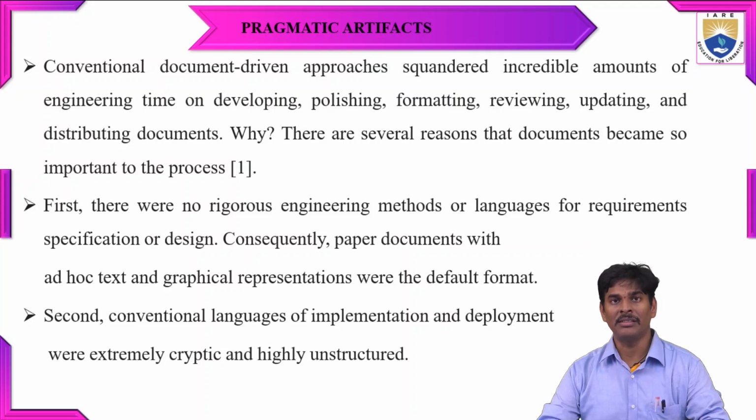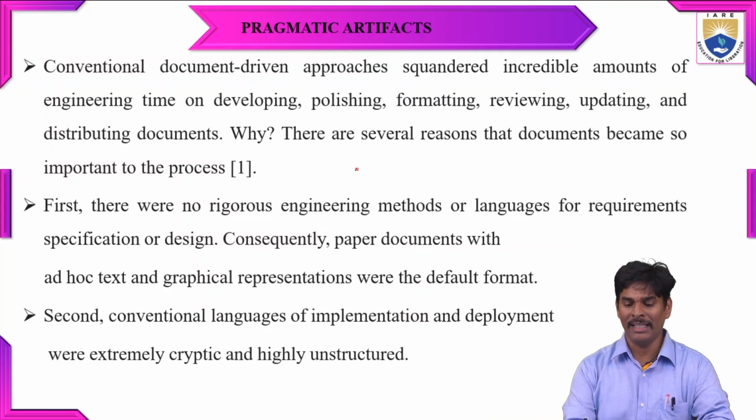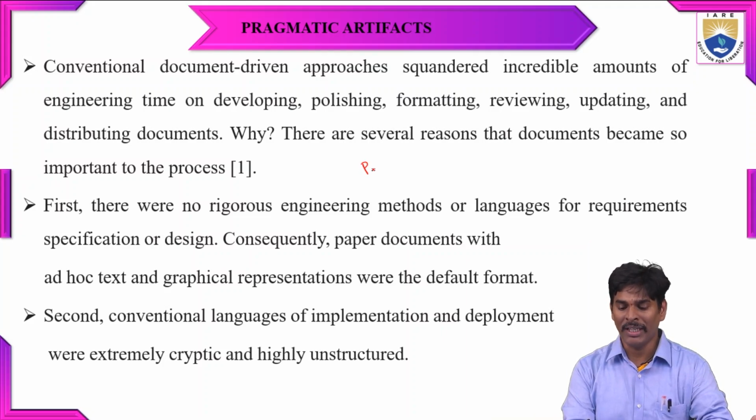Today we are going to discuss pragmatic artigraph. So what is meant by pragmatic artigraph? Pragmatic, or we can call it programmatic artigraph, is nothing but: if you have a problem, that problem has to be solved with the existing solutions.